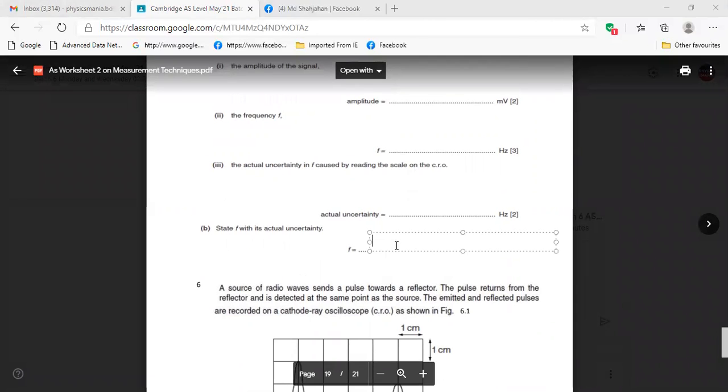Like if you write 526, then we write here 13.7. We got it, right? If we write in this way, then we have decimal points here, right?